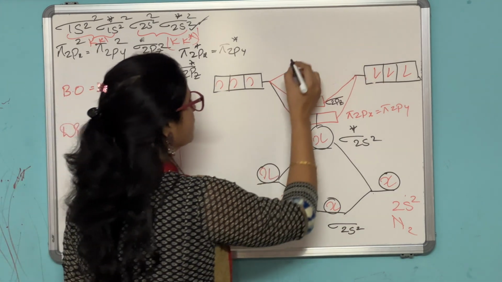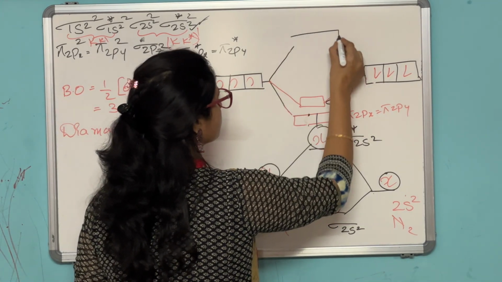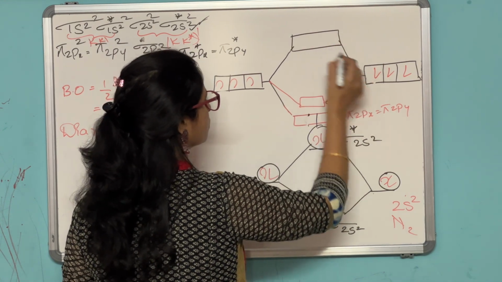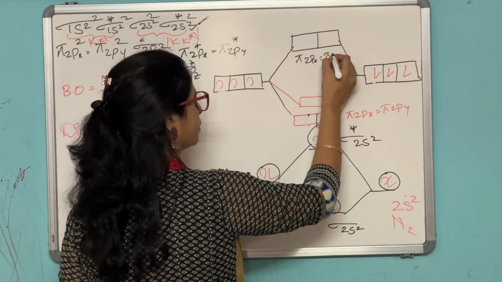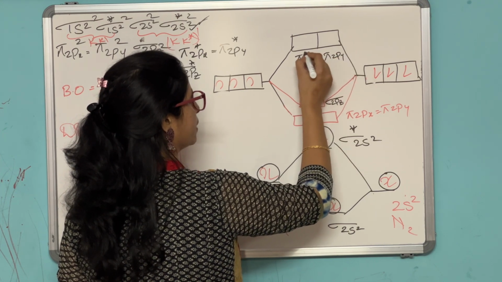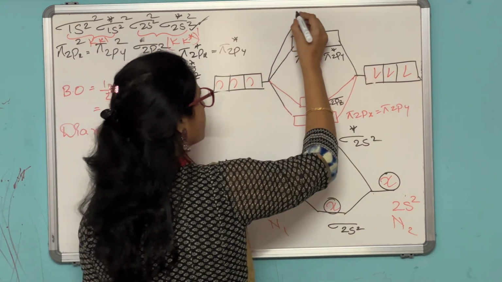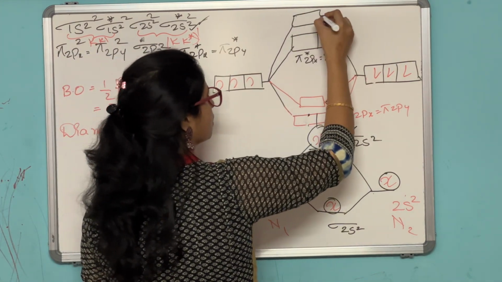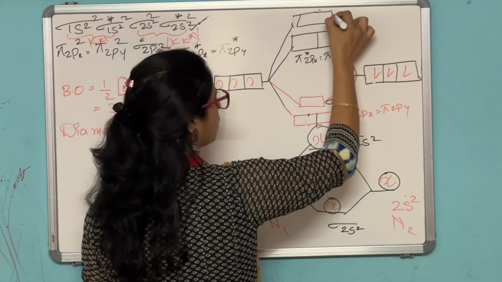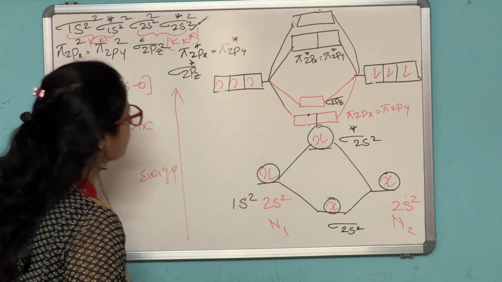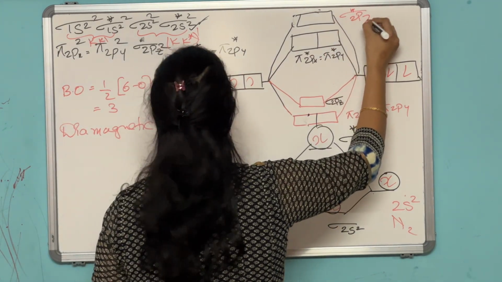Next pi 2px equal to pi 2py, antibonding orbitals. Next one, sigma star 2pz.